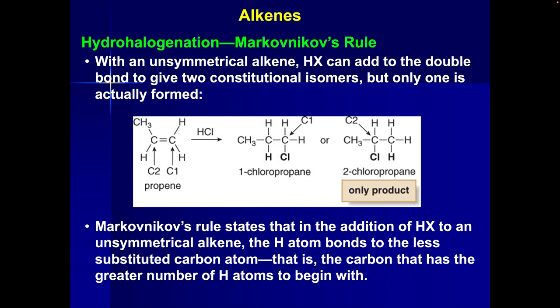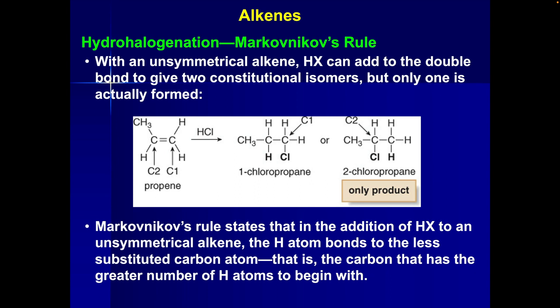Carbon number 1. Markovnikov's rule states that in the addition of HCl, HBr, or HI to an alkene, the carbon atom of the alkene with the most hydrogens gets the hydrogen. So all you have to do is look at the alkene and ask yourself, which of these two carbons has the most hydrogens? It's this one.